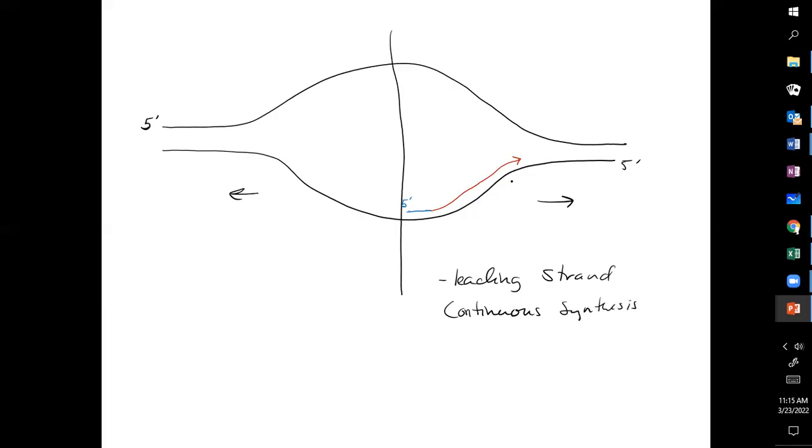And it's continuous because it's going to continue until termination occurs. So leading strand synthesis is continuous synthesis, and it occurs towards the replication fork.